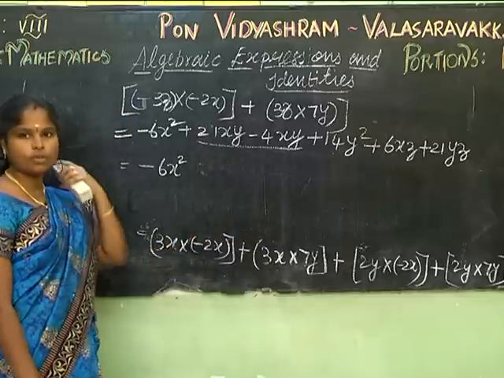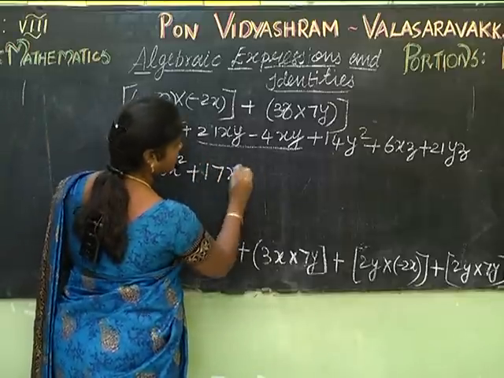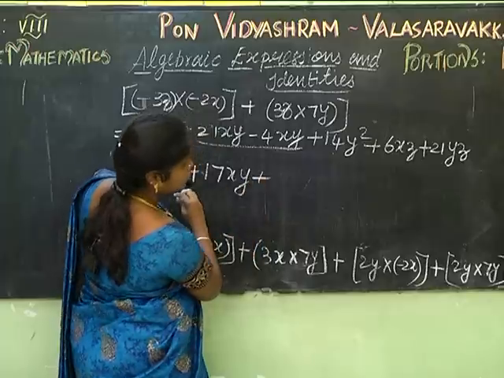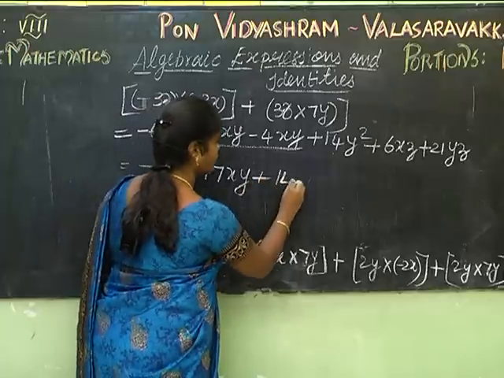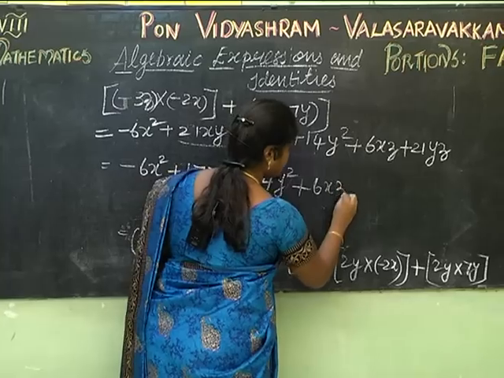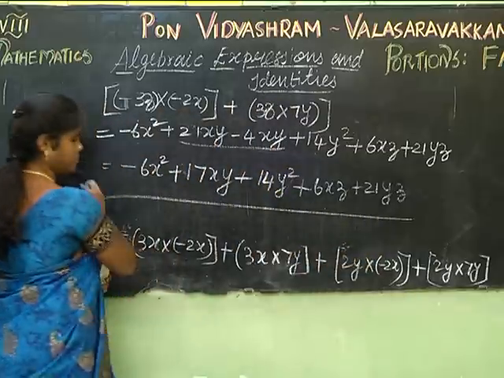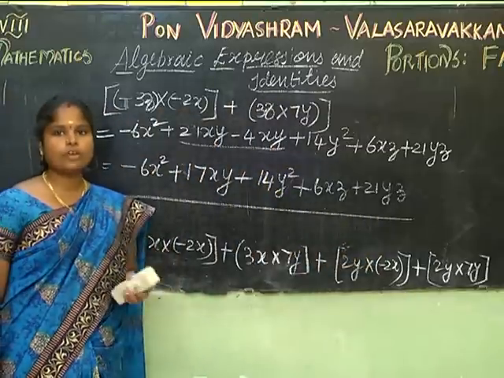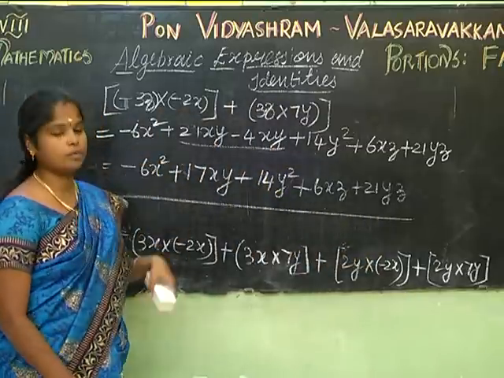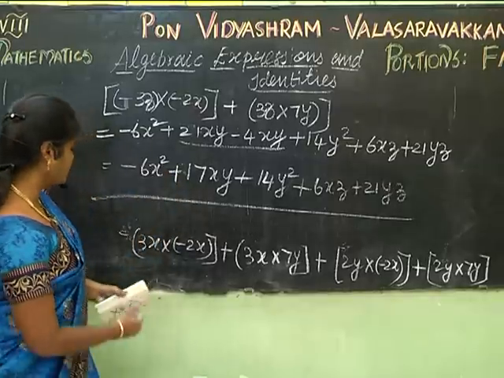So 21 minus 4 is 17, so 17xy. Then no other like terms. So we'll write 14y square plus 6xz plus 21y, that is it. That's all. This is the way you have to do the multiplication of an algebraic expression with another algebraic expression.